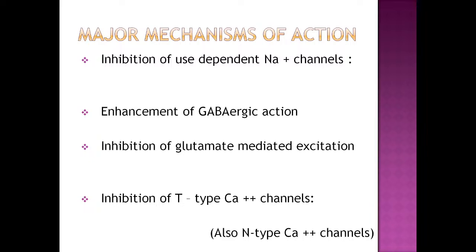Majority of the broad spectrum anti-epileptic drugs have this mechanism of action, which is inhibiting sodium channels. Okay. So by inhibiting the sodium channels, they prolong the inactivated state of the sodium channels, which prevents the excitability from getting transmitted. Then next is enhancement of GABAergic action.